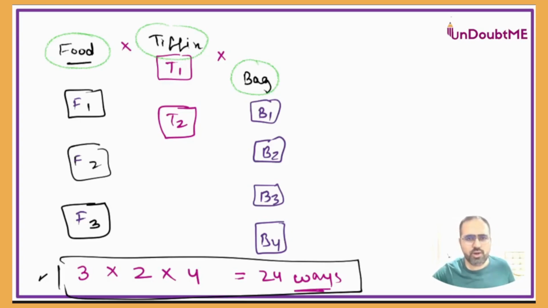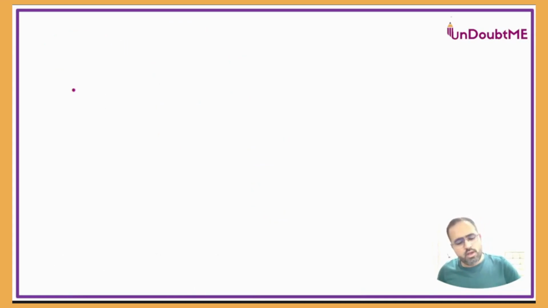For the addition rule also we'll take one example. So let's say you went to the market, and since you have got very good results, your mom is saying she will buy a gift for you. You can select whether you want a new mobile or a new laptop. Please don't get emotional about whether you actually require any of these. This is just an example.